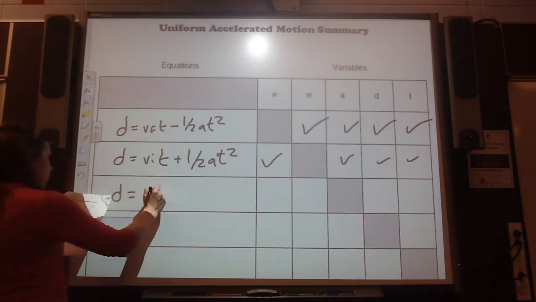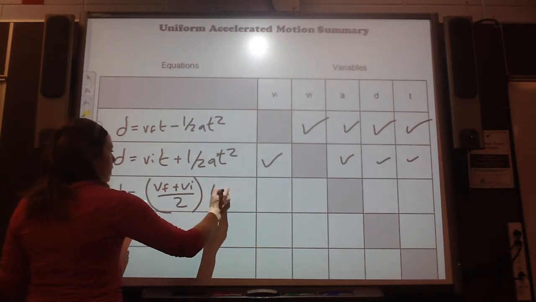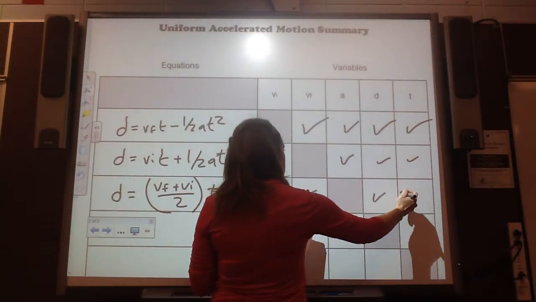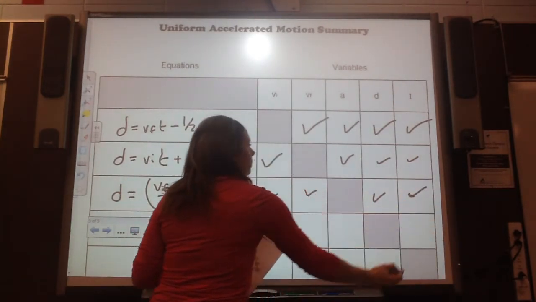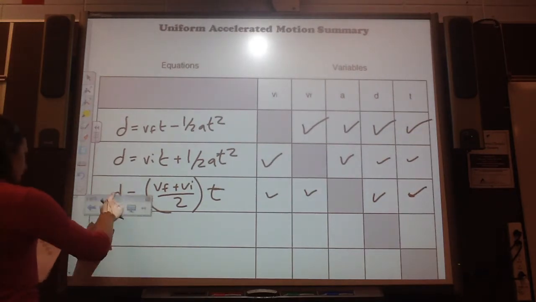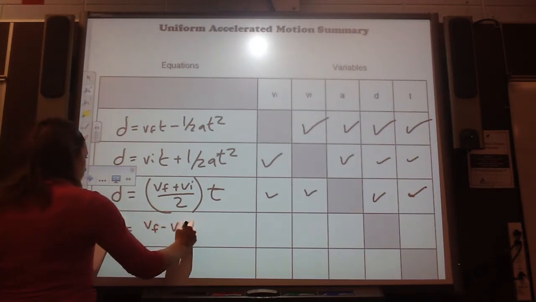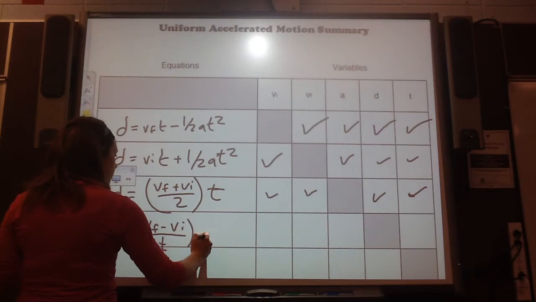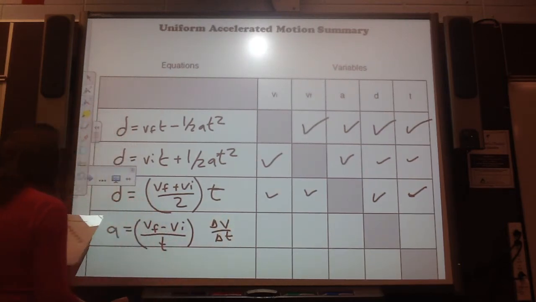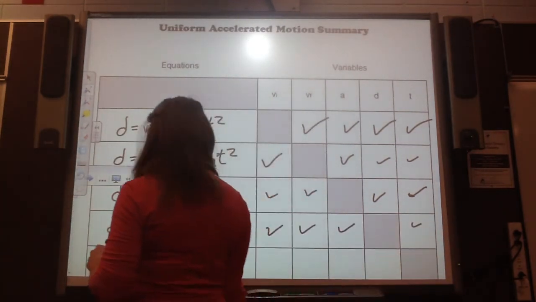Next one, D is equal to VF plus VI over 2, all in brackets, multiplied by T. It has everything but the dark box. Next is A equals VF minus VI over T, which is the same as our delta V over delta T. And it has everything except the dark box.